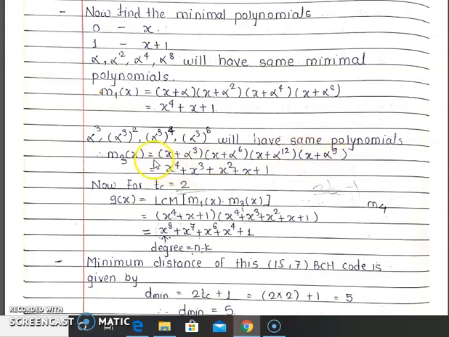So all these elements have this minimal polynomial: x raised to 4 plus x cube plus x square plus 1, for alpha cube, alpha 6, alpha 12 and alpha 9. This is m1 and m3, that is the minimal polynomials.